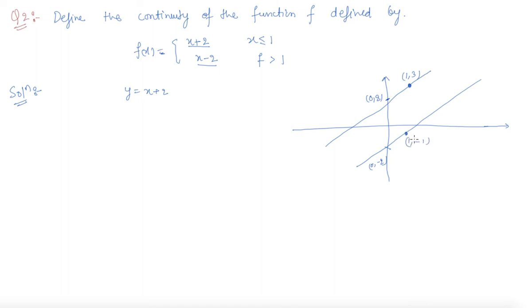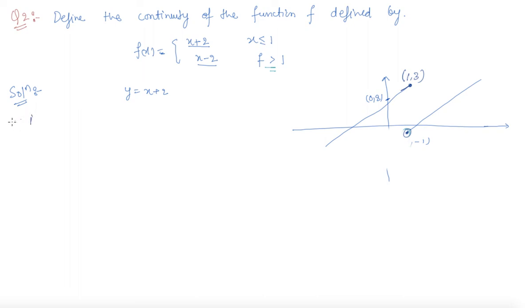This point is (1, 3), and here it is an open bracket because x is not equal to 1. The first function is defined only below 1, and the second only above 1, so I cannot plot the function on the other side. So I need to check whether the limit exists at 1 or not.